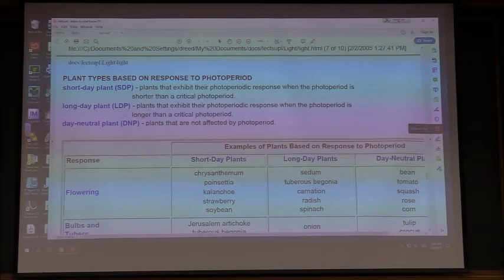And we have some plants that, if they see short days, what's the length of the night? Long nights. When they see short days and long nights, it triggers them to do some photoperiodic response. Okay?